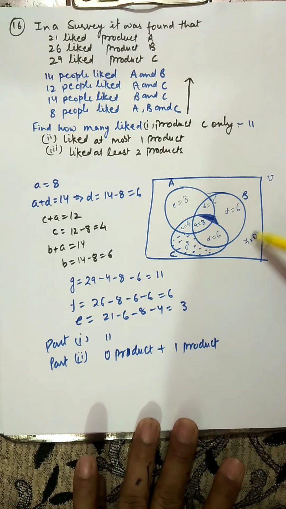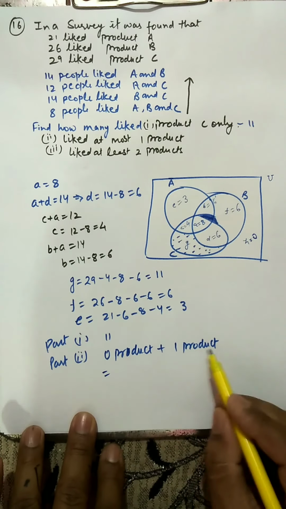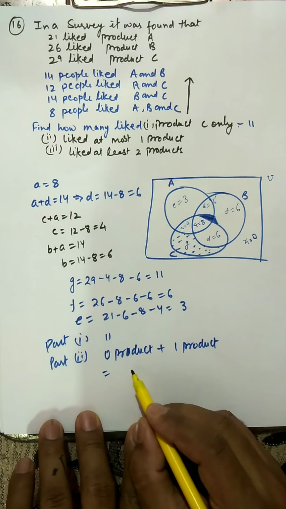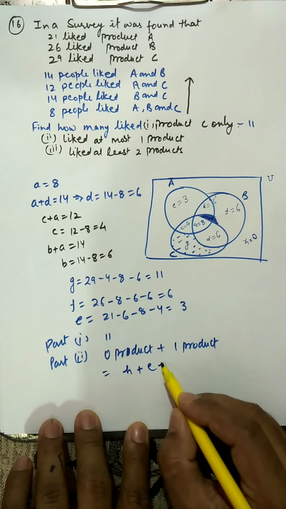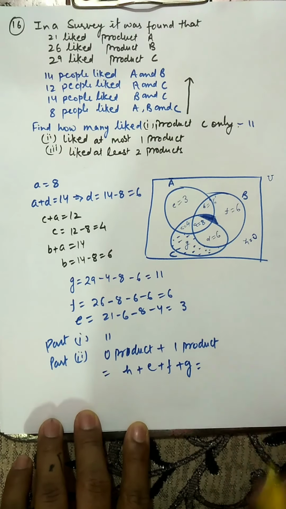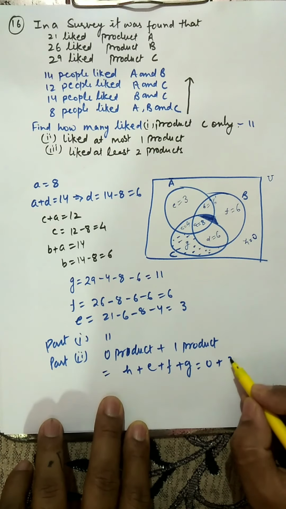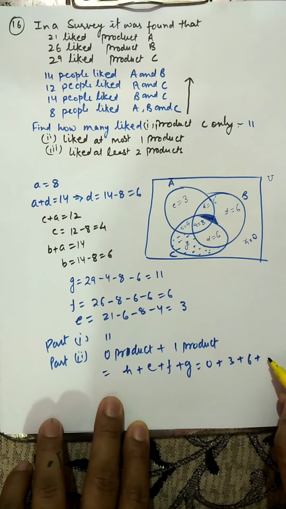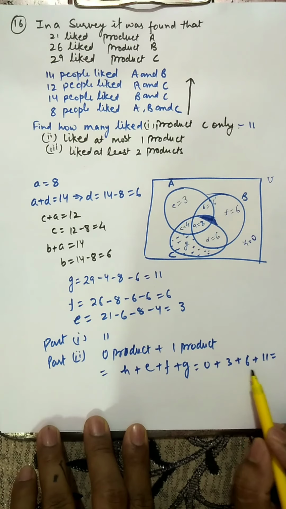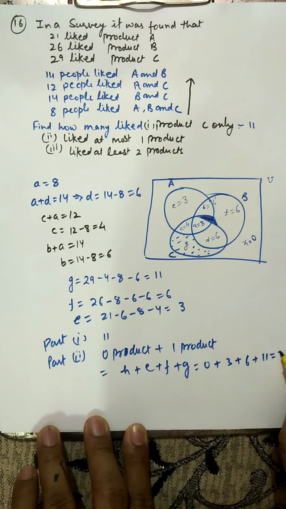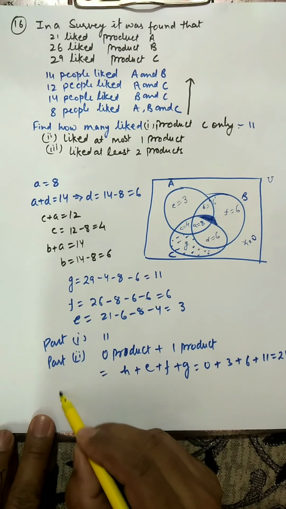So we'll take this number as 0. So your answer for one product only is H plus E plus F plus G. So H is 0, E is 3, F is 6, and G is 11. So your answer for this part will be 3, 6, 9, 9, 11. This will be 20.